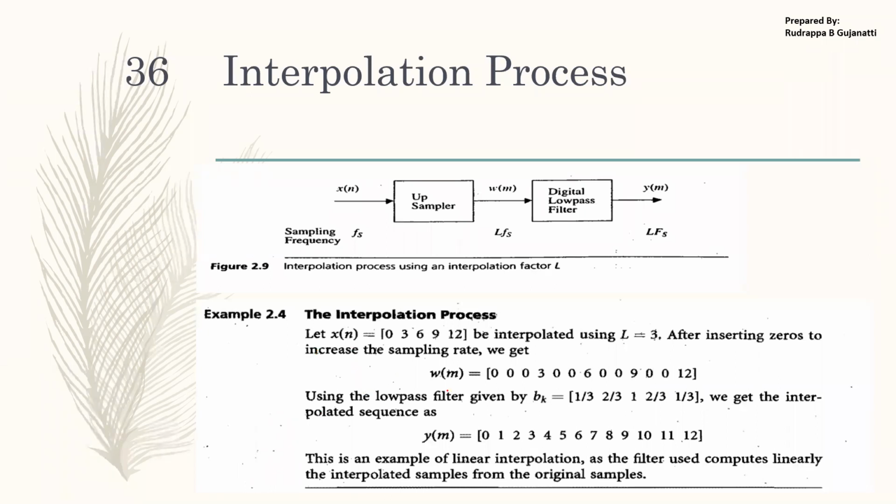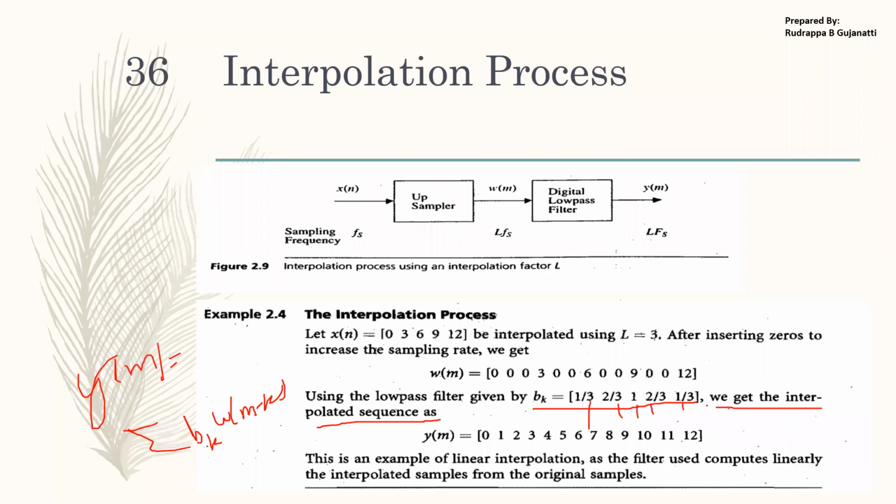Next, after I get this, I pass it through the low pass filter whose coefficients are given in this form: b0, b1, b2, b3, b4, and it keeps repeating. So we get this interpolated sequence based on the equation. If I want y of m, I have to take the summation from minus infinity to infinity of the coefficient multiplied with this.